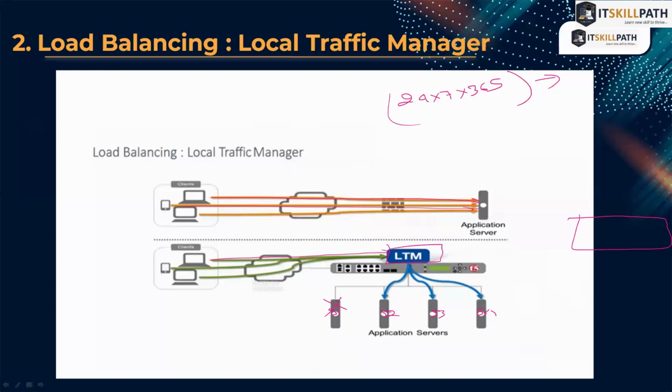Clear? It also provides security. How are we providing security? Earlier we were exposing our application server directly onto the internet, exposing our backend server on the internet itself, which is a security risk. So what we are doing here is creating the VIP. VIP is a virtual IP, it's not a real server IP.